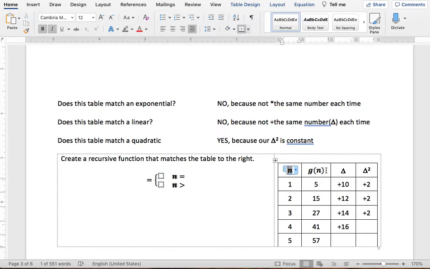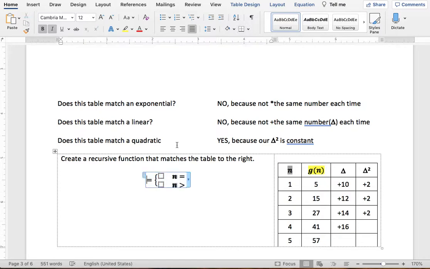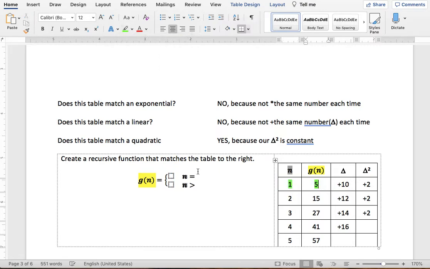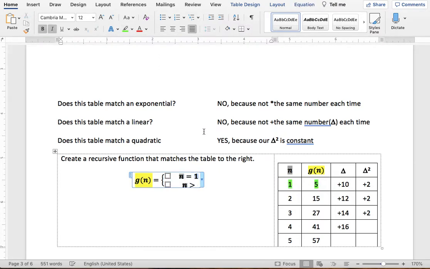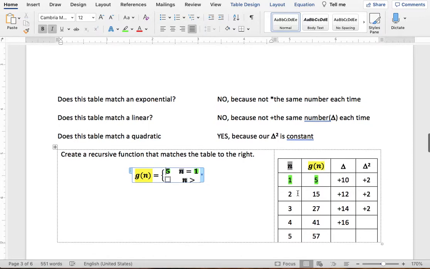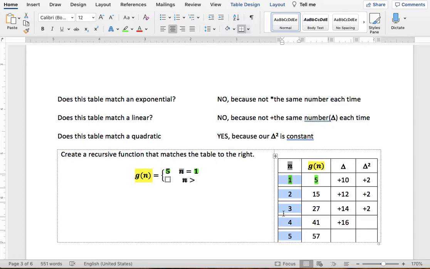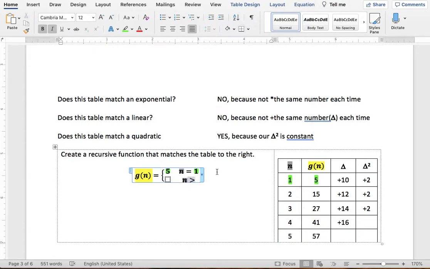Our dependent variable is g of n, that's like our y. Our beginning value is when n is equal to 1, my g of n, or my y, is 5. And looking at these numbers, it goes up by 1 each time on this side. So I know the rest of my n's are when n is bigger than 1.